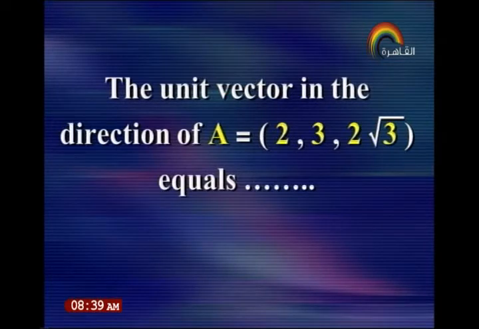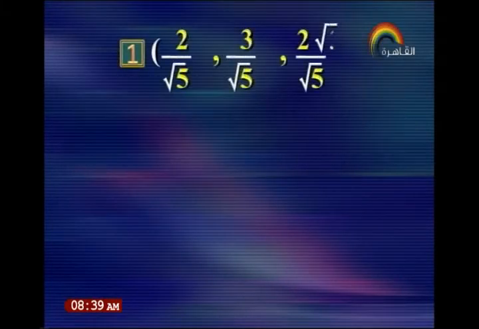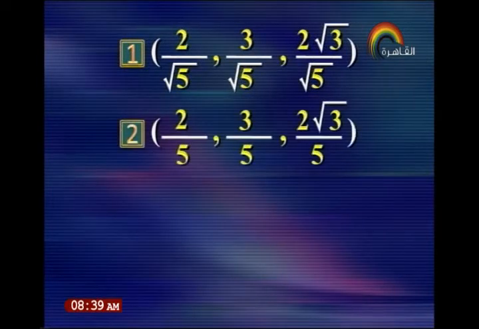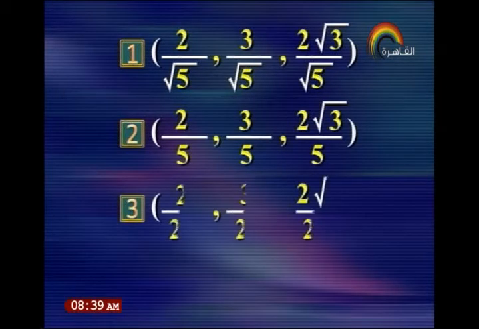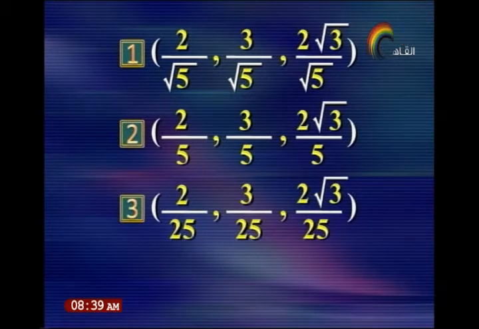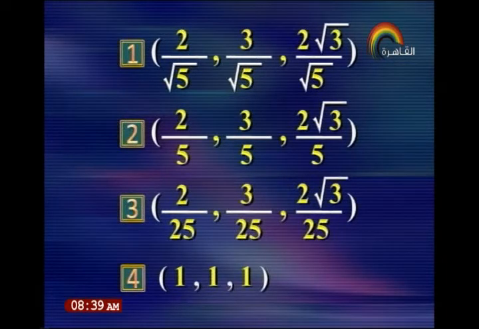Number 1, (2 over root 5, 3 over root 5, 2 root 3 over root 5); number 2, (2 over 5, 3 over 5, 2 root 3 over 5); number 3, (2 over 25, 3 over 25, 2 root 3 over 25); number 4, (1, 1, 1).